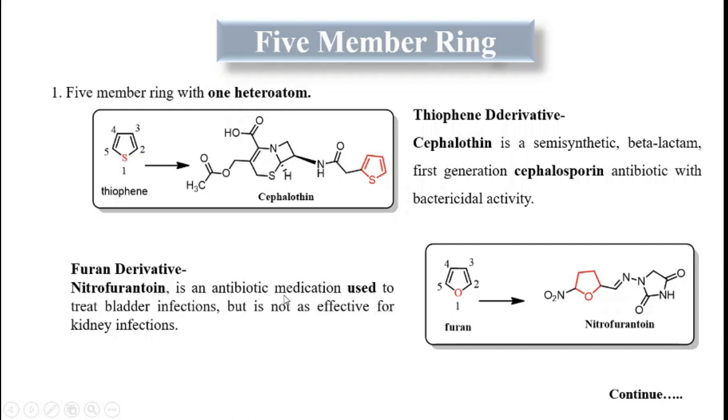It is an antibiotic medication used to treat bladder infection, that means the urinary system. But it is not as effective for kidney infections. It is used for the treatment of bladder infections, urinary tract infection.